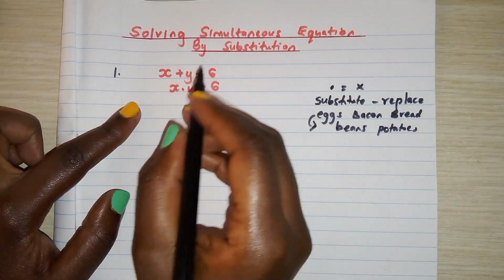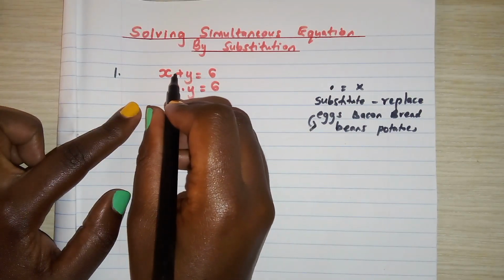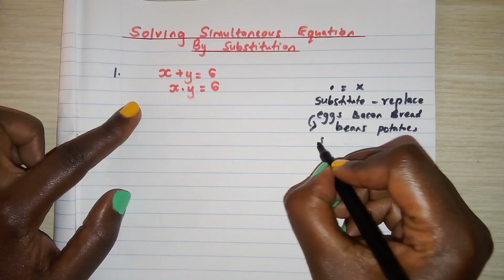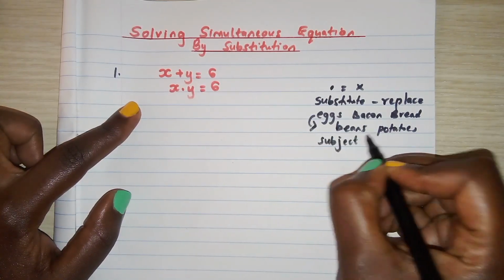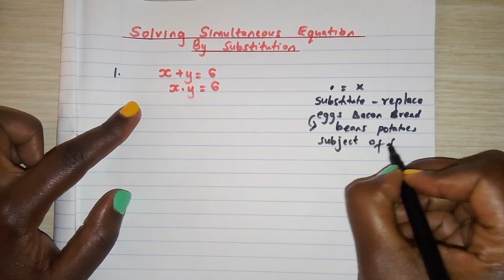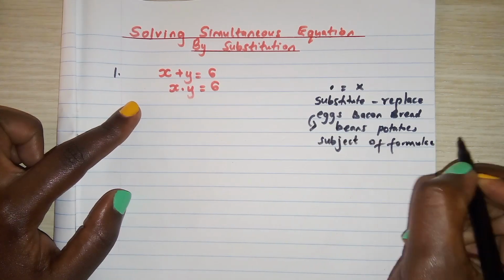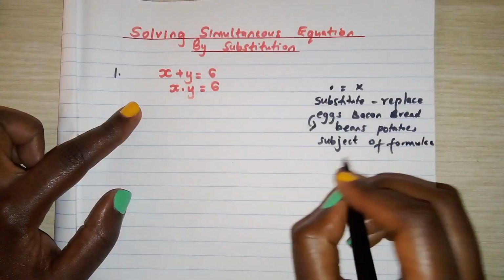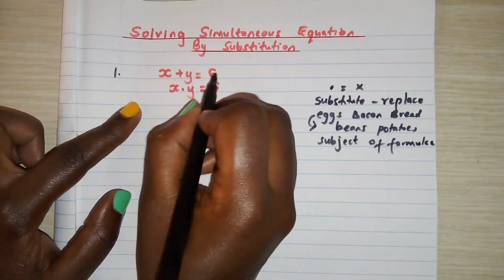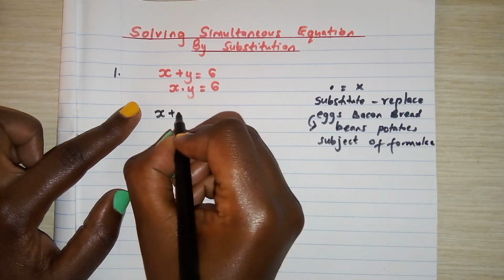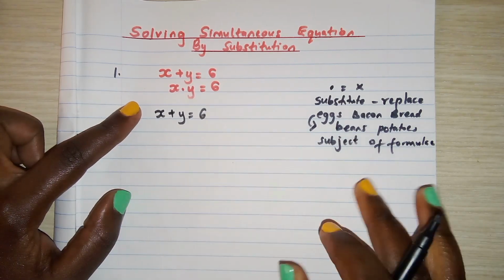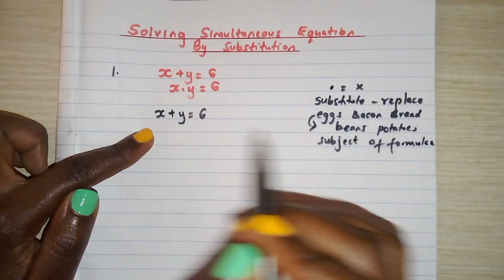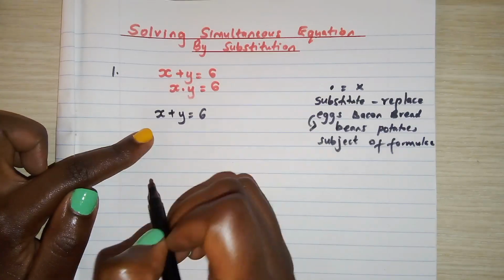In the first equation, we need to make one of the variables the subject of the formula. I have a video on how to make one of the variables the subject of the formula. Using the first equation, x plus y equals 6, we can make x the subject or y the subject.